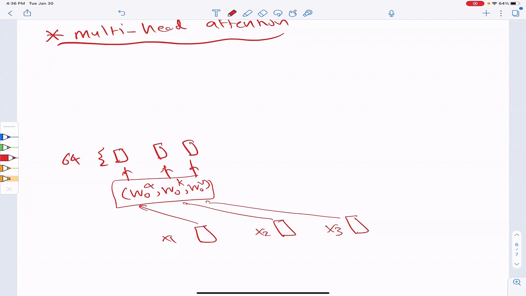And I can do it by designing the W matrices with appropriate dimensions, like 512 to 64. Now I'm going to have another self-attention, W1Q, W1K, W1V.